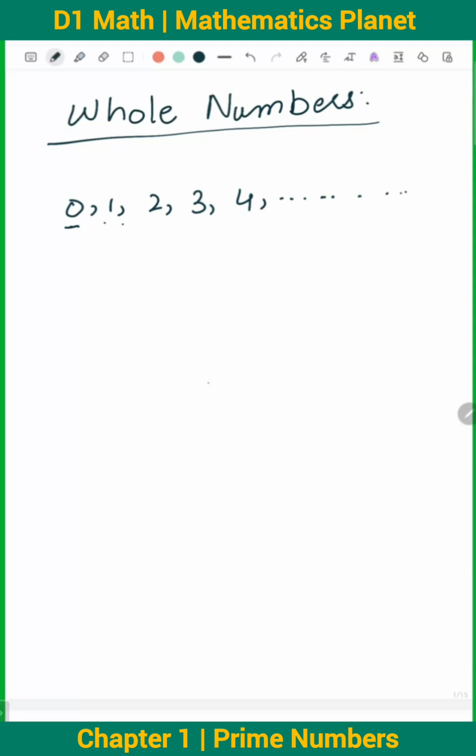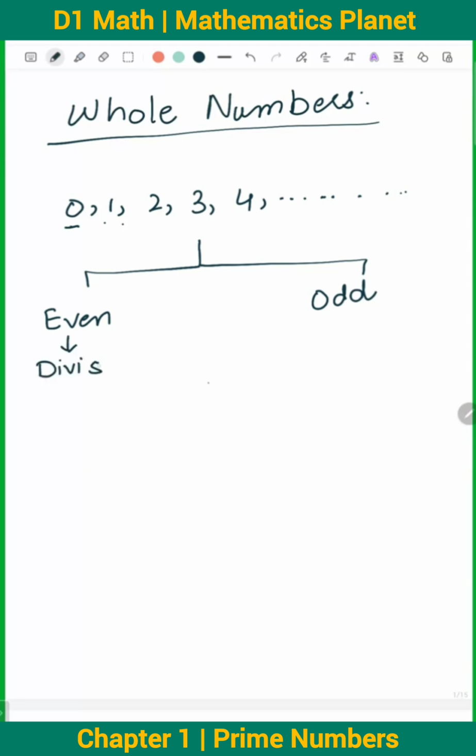So whole numbers are divided into two big categories. One category is called even numbers and one category is called odd numbers. So what are even numbers? The numbers that are divisible by 2 are called even numbers.